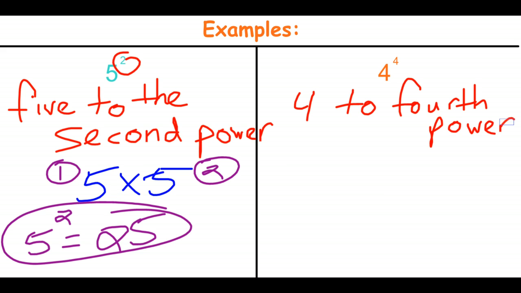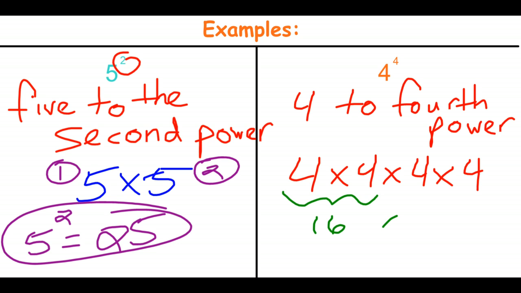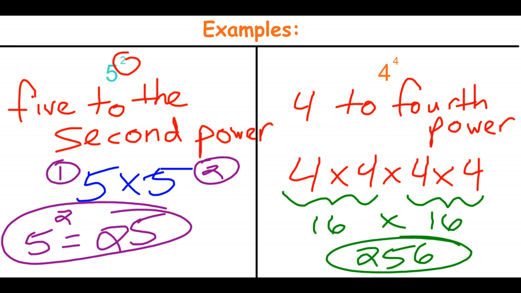What that really means is we're taking 4 and multiplying it by itself 4 times. 4 times 4 times 4 times 4, which gives us 16 times 16, or 256. So 4 to the fourth power is very different from 4 times 4, which is just 16, but 4 multiplied by itself 4 times is 256.